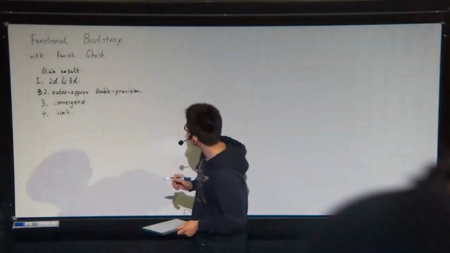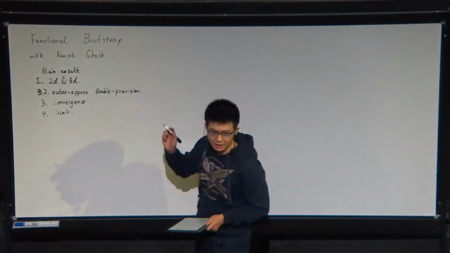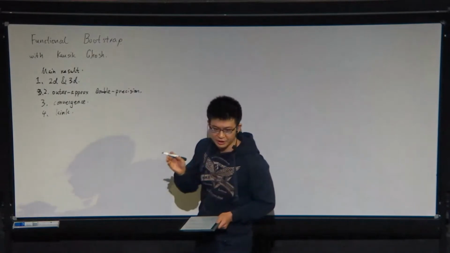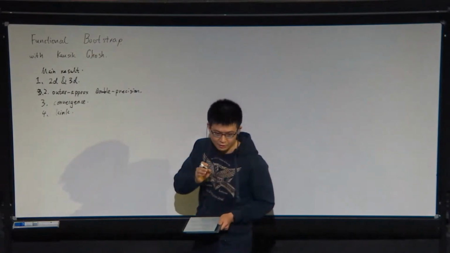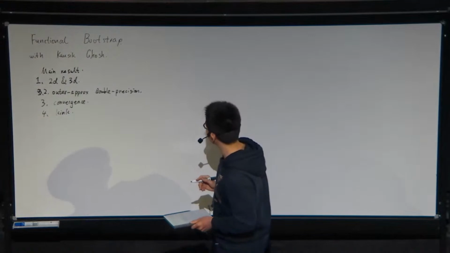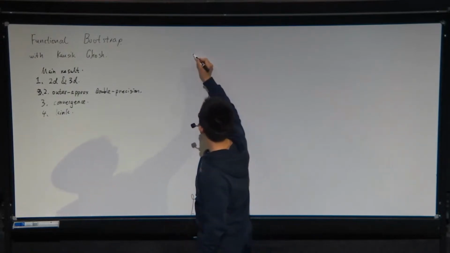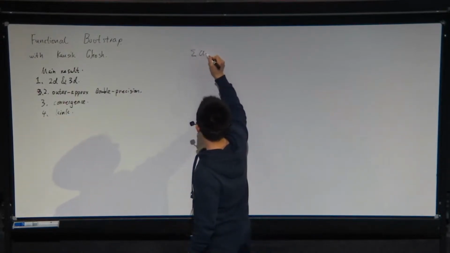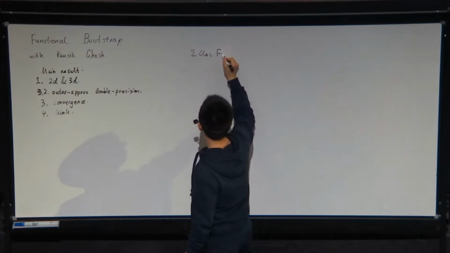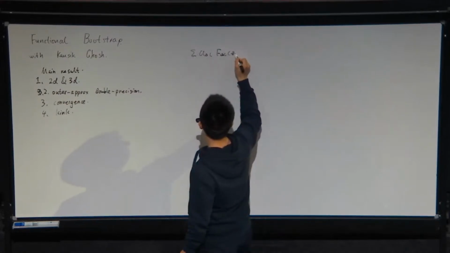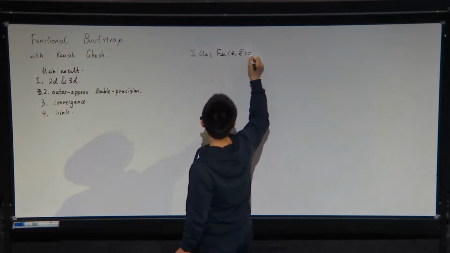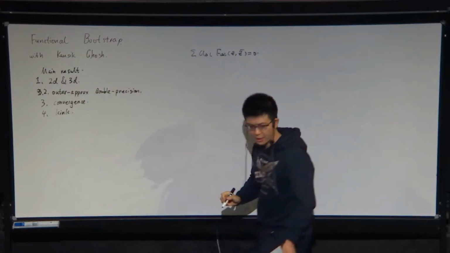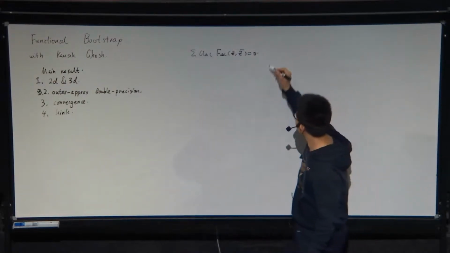Let's start with a very schematic and very brief review of the state-of-the-art implementation of the conformal bootstrap. So we have the crossing equation, plus some additional constraint.